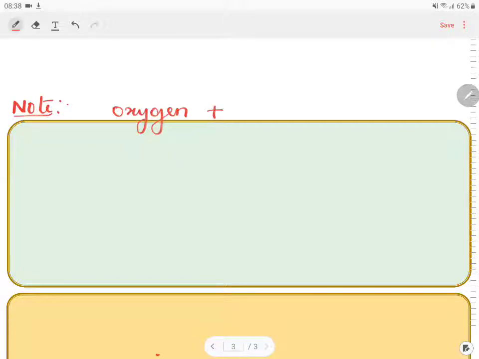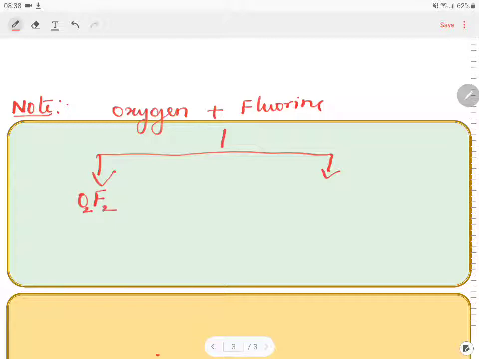When oxygen combines with fluorine, you get two types of compounds: O2F2 or OF2. Among fluorine and oxygen, oxygen is less electronegative, therefore the name should start with oxy and end with the more electronegative element, fluoride. They are known as oxyfluorides.